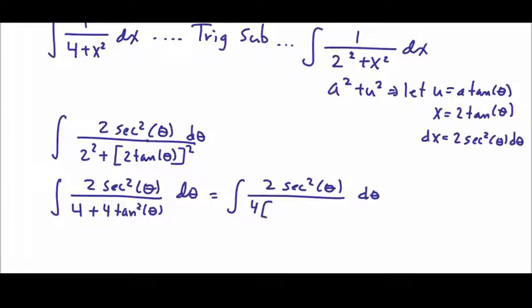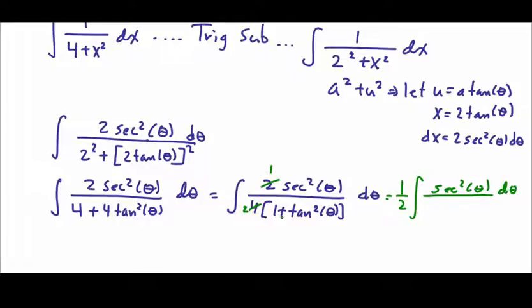In the denominator, I'd factor out a 4, and then I recognize a trig identity here. I could cancel the 2 into the 4 and pull that half out front. So the numerator is secant squared theta d theta.